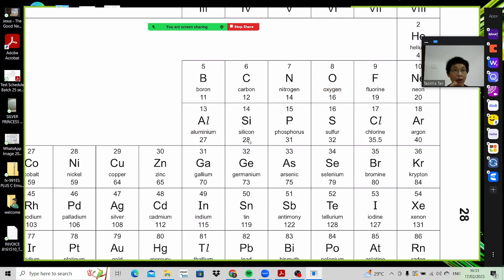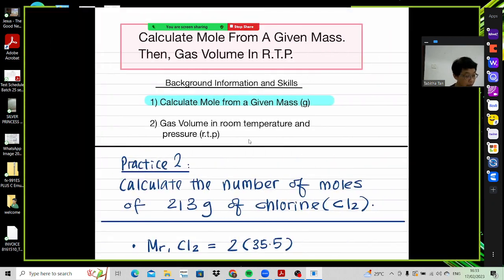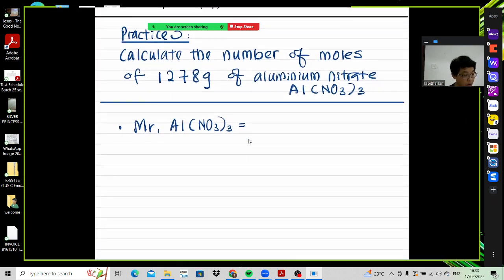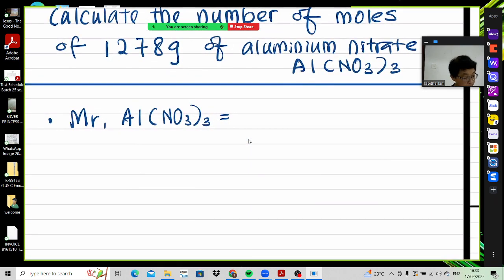Now we need to carefully put them according to the number of pieces of each of these elements. So let's put them together and sum it up. Aluminium, we know that it was 27 and it was one piece, so just one of them. And then we see the bracket with a subscript of 3, meaning there are 3 sets of NO3.